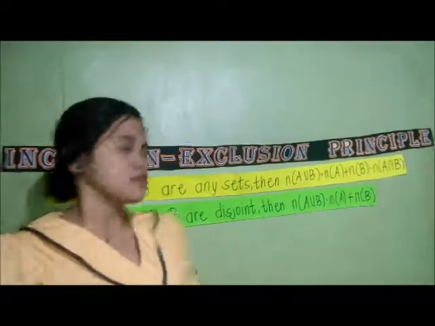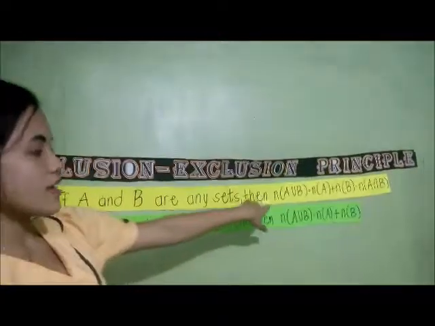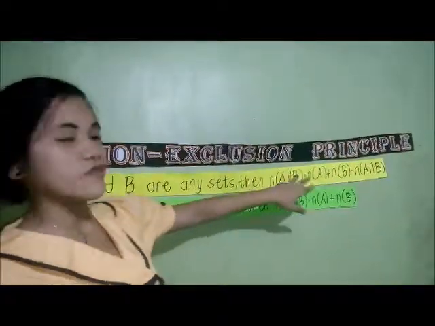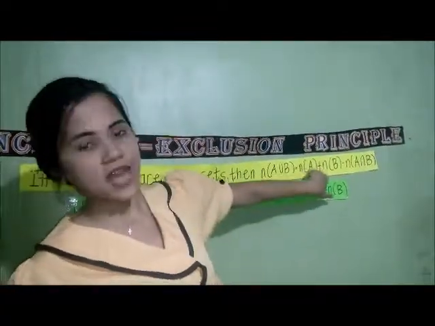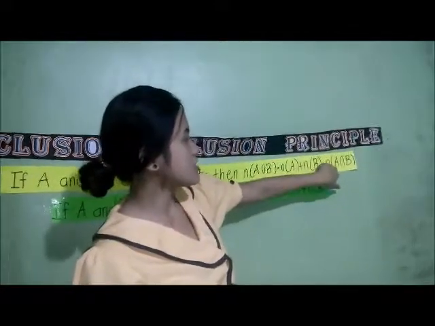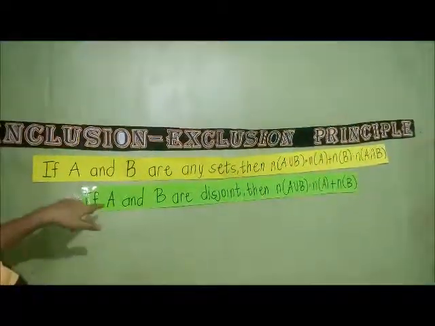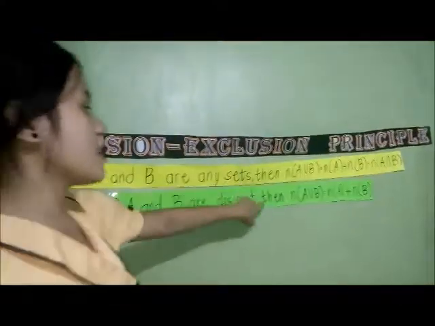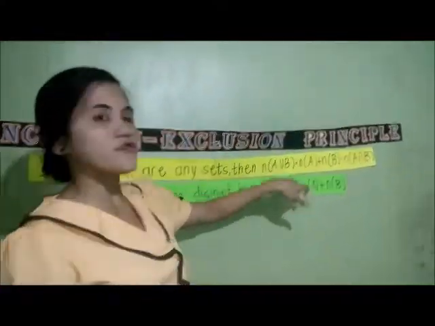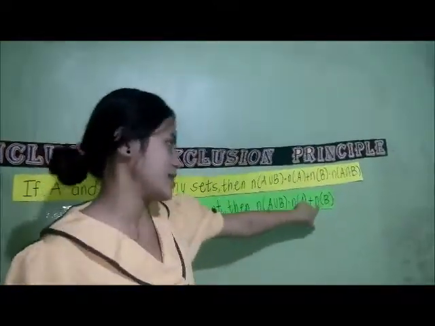In this principle, if sets A and B are any sets, then n of the union of A and B is equal to n of A plus n of B minus n of A intersect B. But if the two sets are disjoint, then n of the union of A and B is equal to n of A plus n of B.